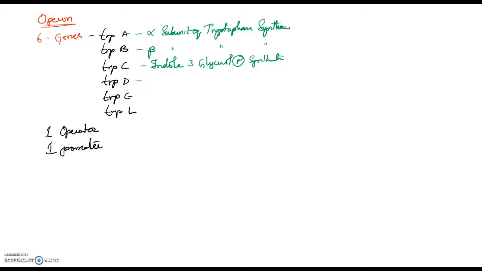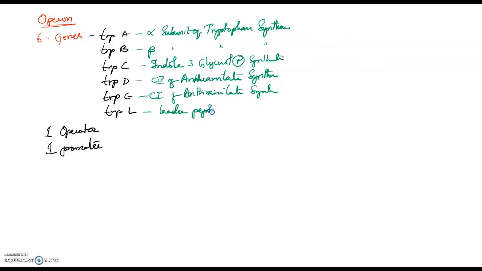D is component 2 of anthranilate synthase, and E component 1 of anthranilate synthase. L will produce the leader peptide.